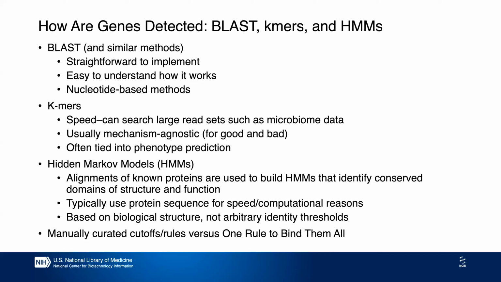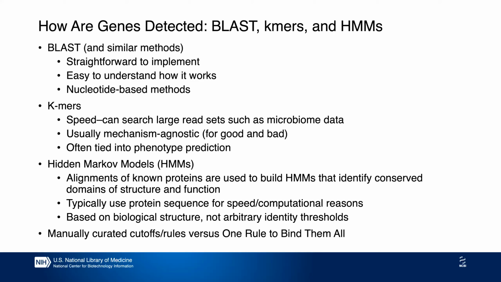A third approach are known as hidden Markov models. And again, that could be a whole talk in and of itself, but these are basically alignments where you take alignments of known proteins. So I take, for instance, all the KPC family carbapenemases, I build an alignment, and then a hidden Markov model essentially identifies conserved domains of structure and function, again, based on a multiple sequence alignment.